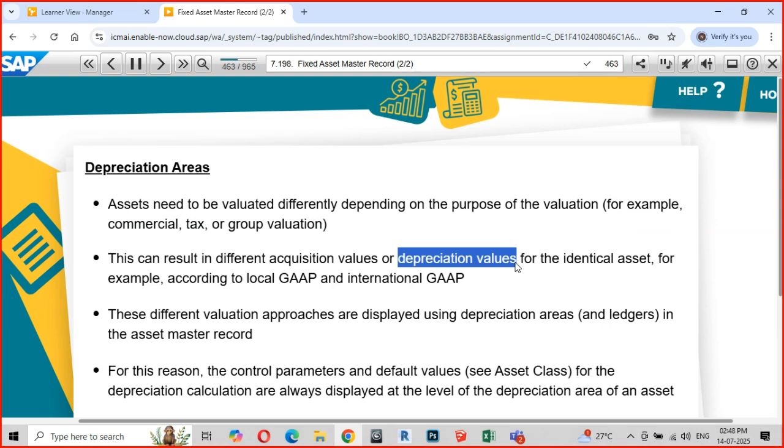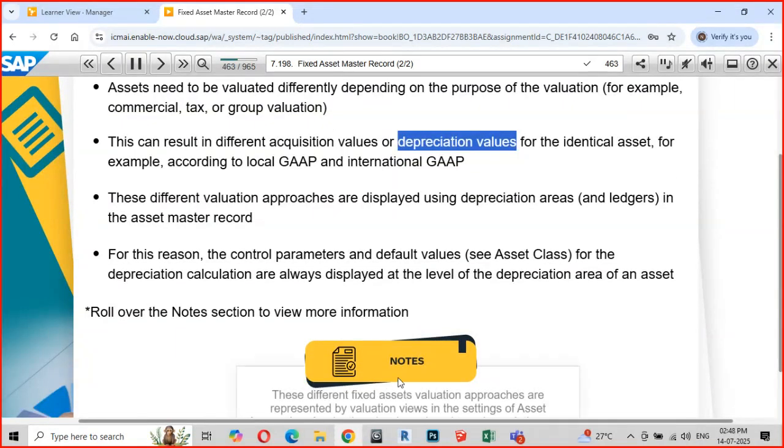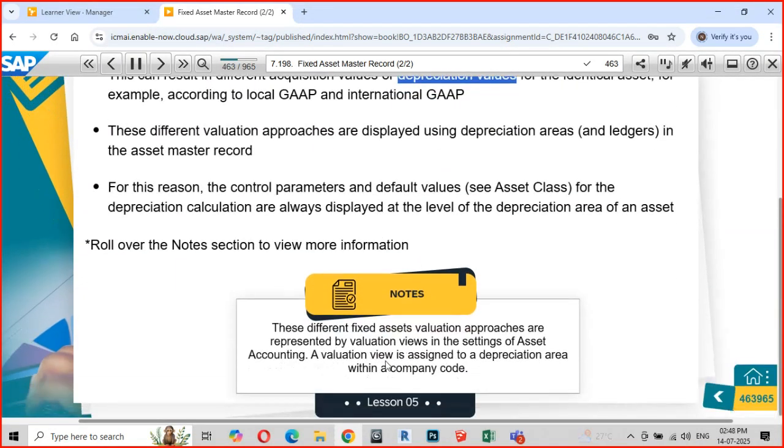Everything boils down to the same information. You always mean the same. However way you read it, these different fixed assets valuation views. The valuation view, that is how you want to view the depreciation, is referred to as a depreciation area.